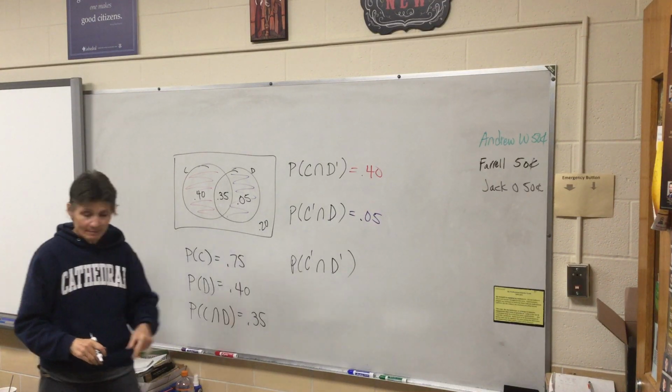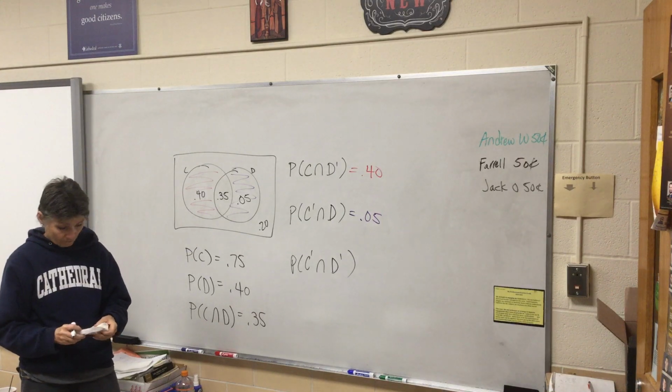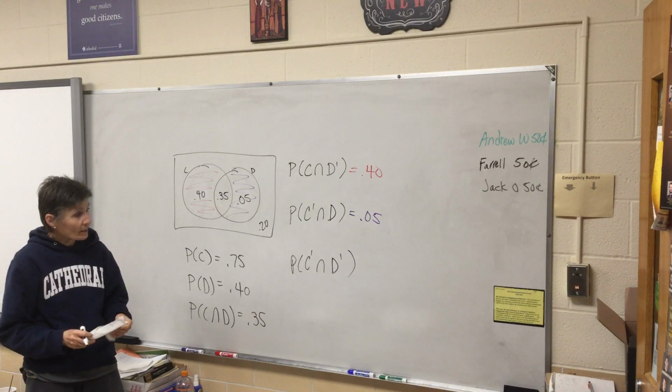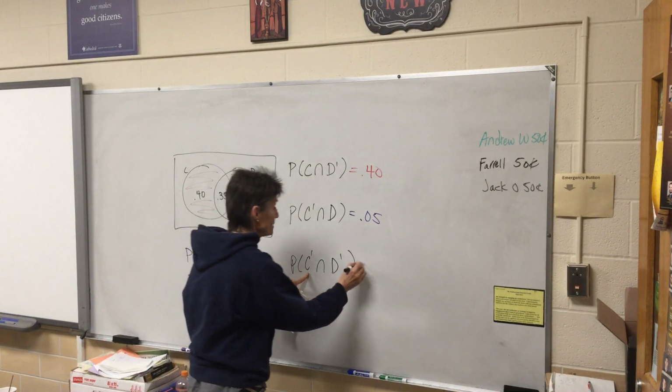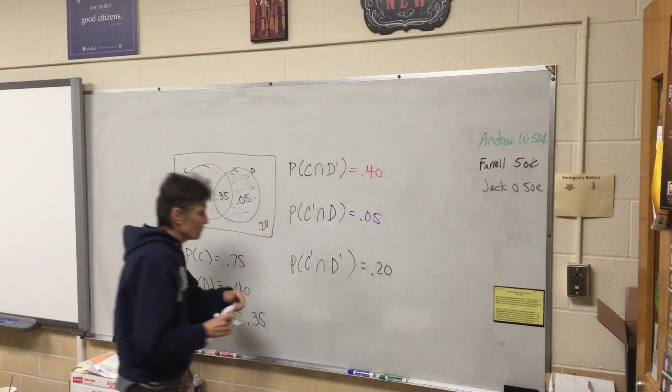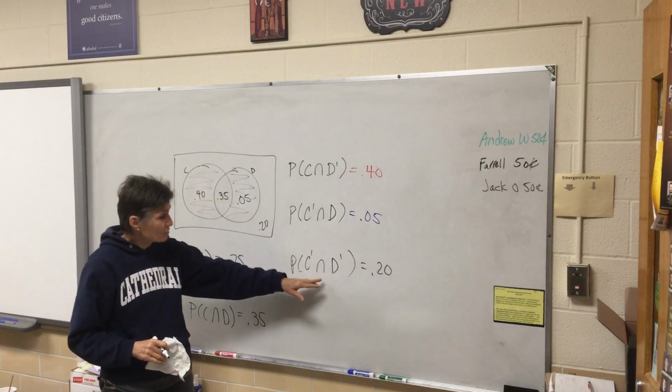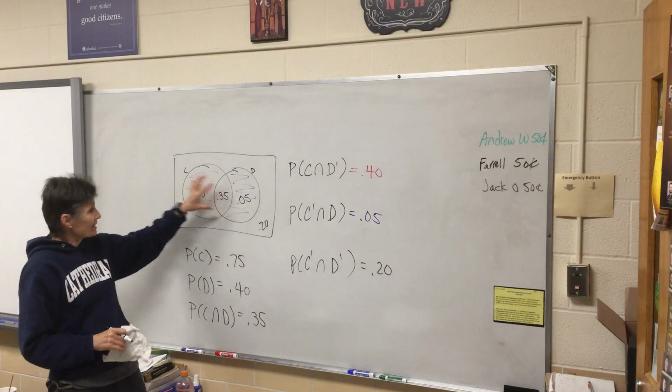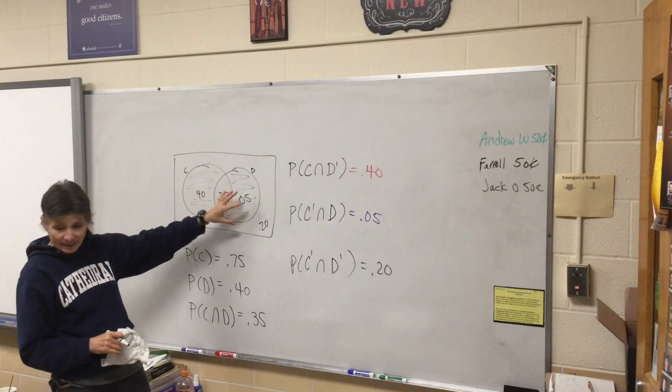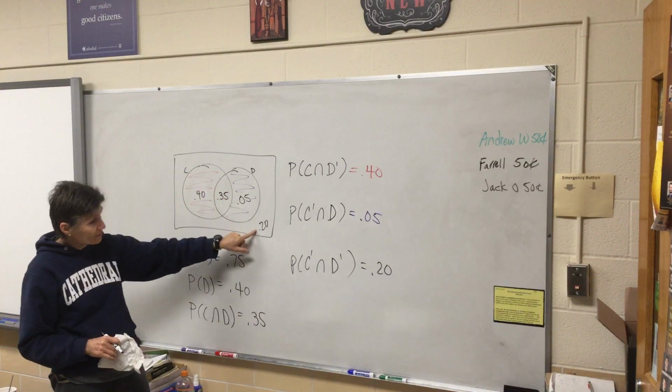And what does that mean? That's not C and not D. So if you do not like cookies and you do not like donuts, then you are not in these circles, because these are the people that like cookies and donuts. You're out here.